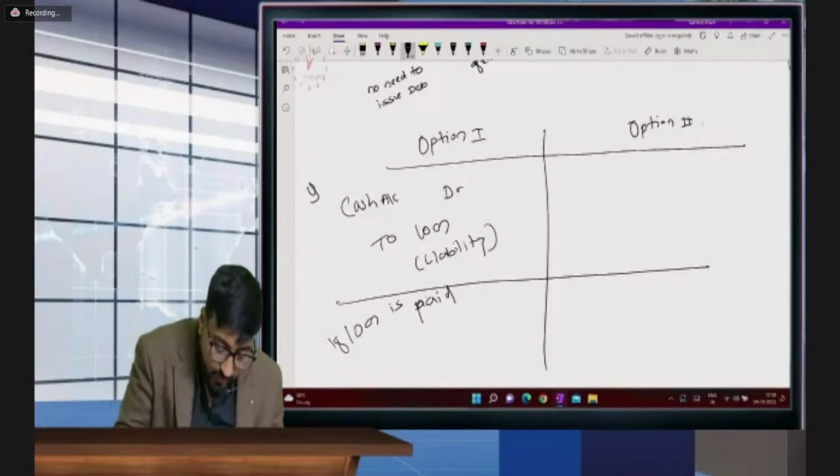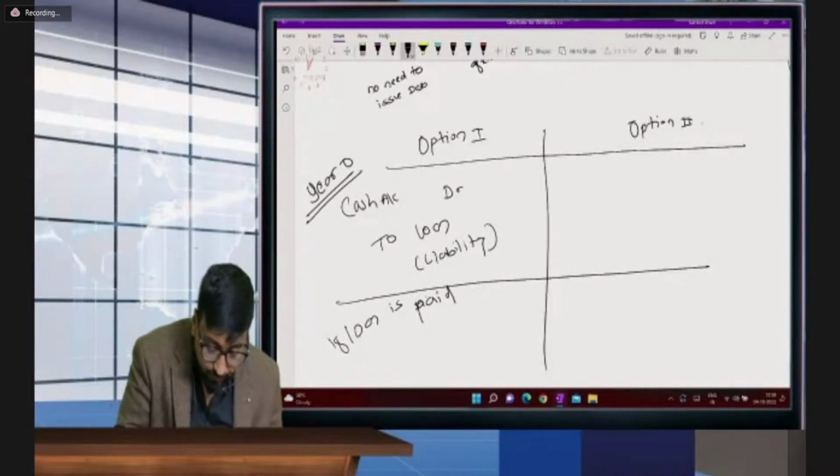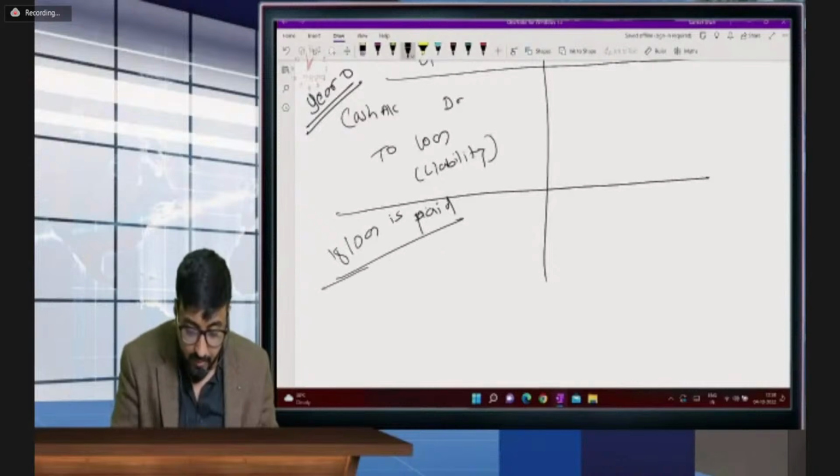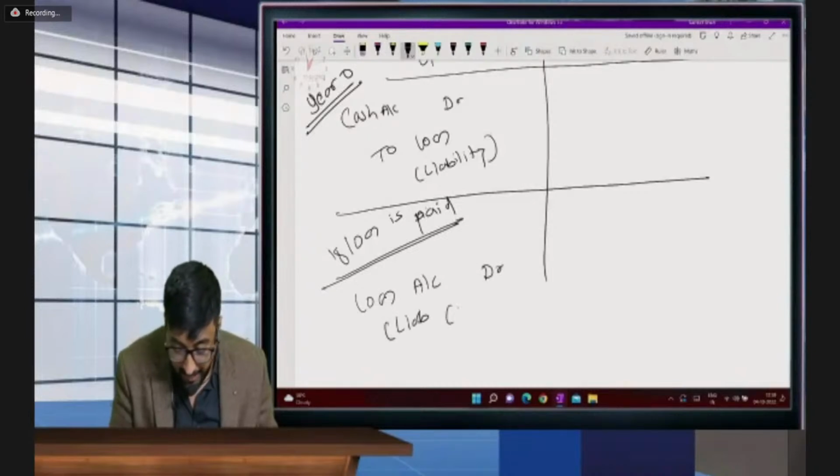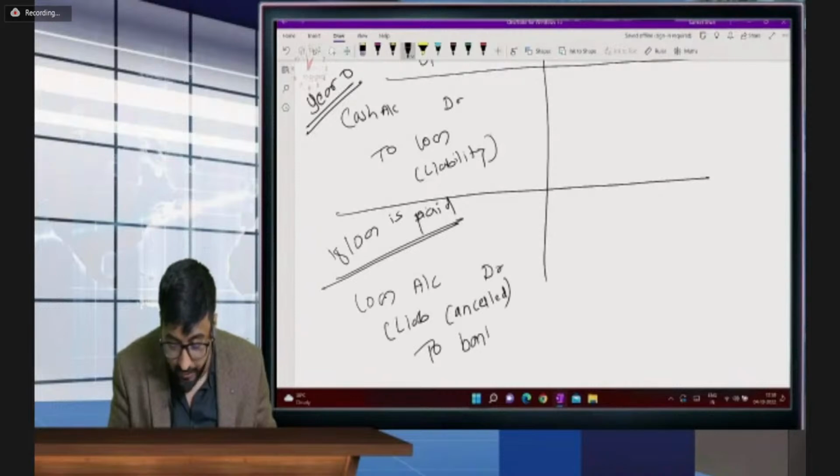So this is the entry in the year 0. If loan is paid, loan is getting cancelled, liability cancelled, to bank or cash.